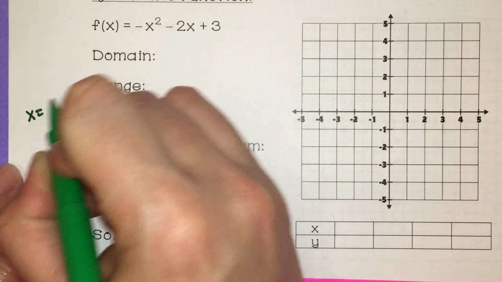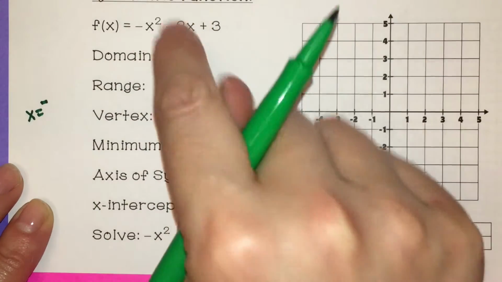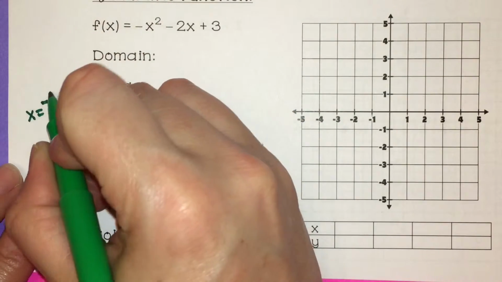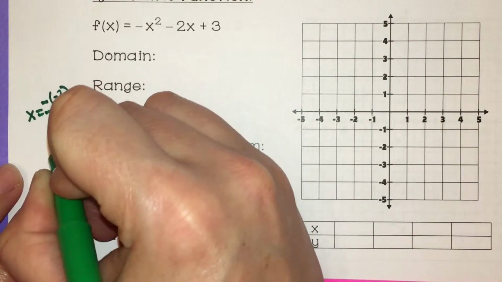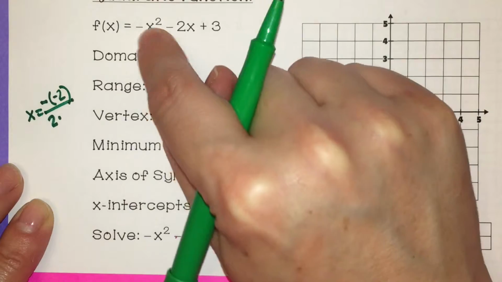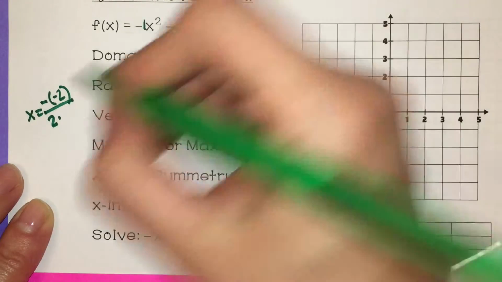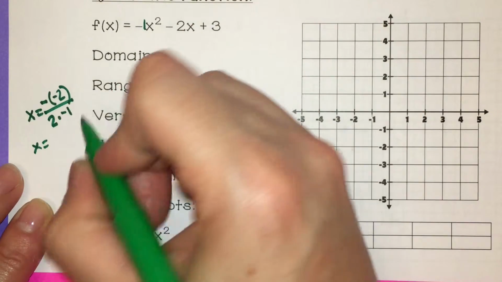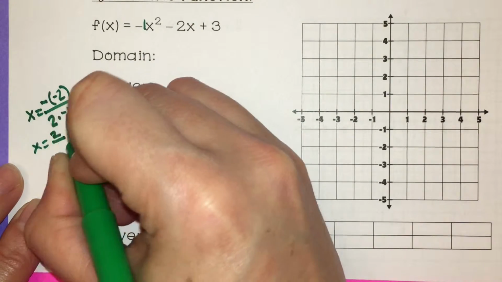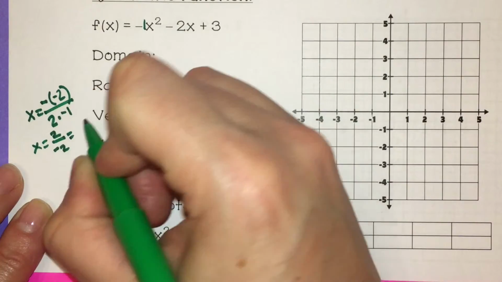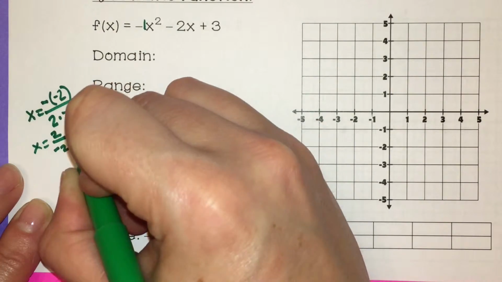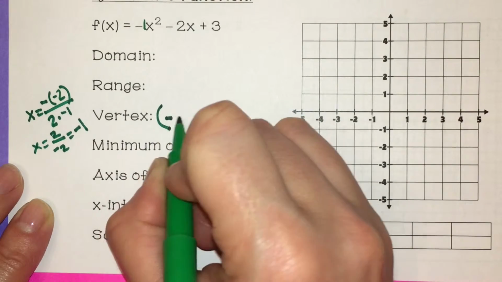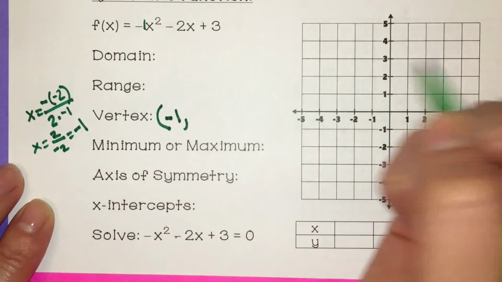So the x coordinate is negative the b value, which is the number multiplied by x, in this case negative 2, over 2 times the a value, which in this case is negative 1. So negative times a negative is a positive. So we have positive 2 over 2 times negative 1, which is negative 2. 2 divided by negative 2 is negative 1. So the x coordinate of the vertex is negative 1.